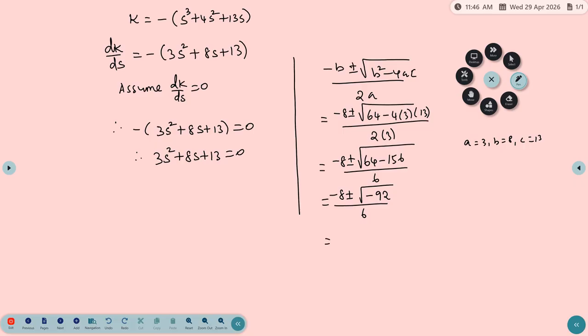If we take the square root of 92, we will have 9 point something. Wait a minute, I will identify the exact value. So the square root of 92 is 9.59. We are using j here because we have minus inside the square root, divided by 6.